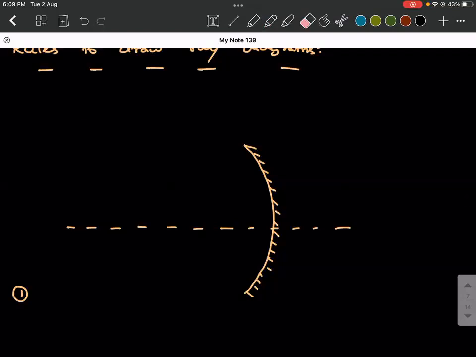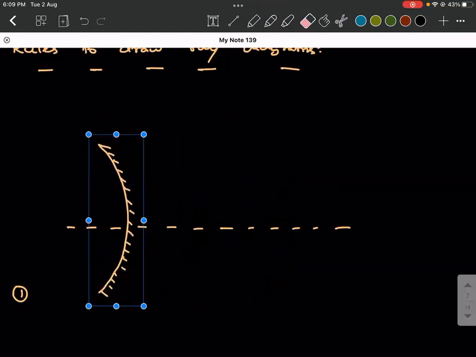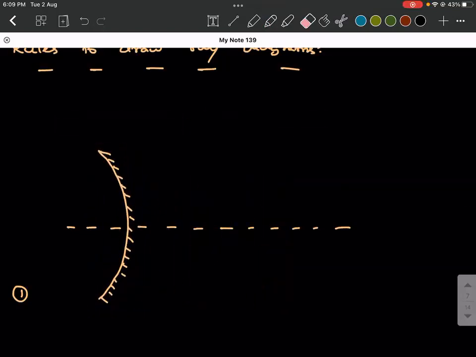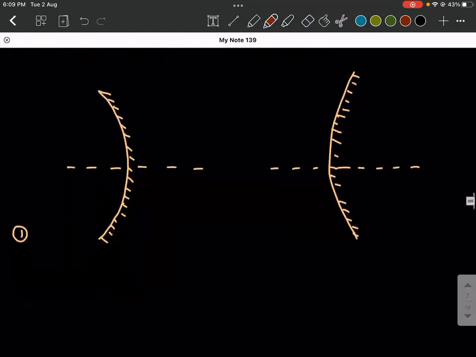I'll go with concave as well as convex on the same side. Okay, listen.